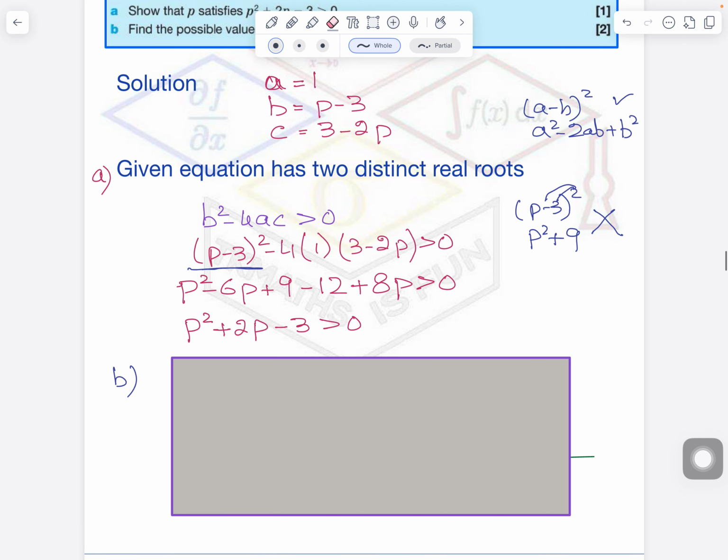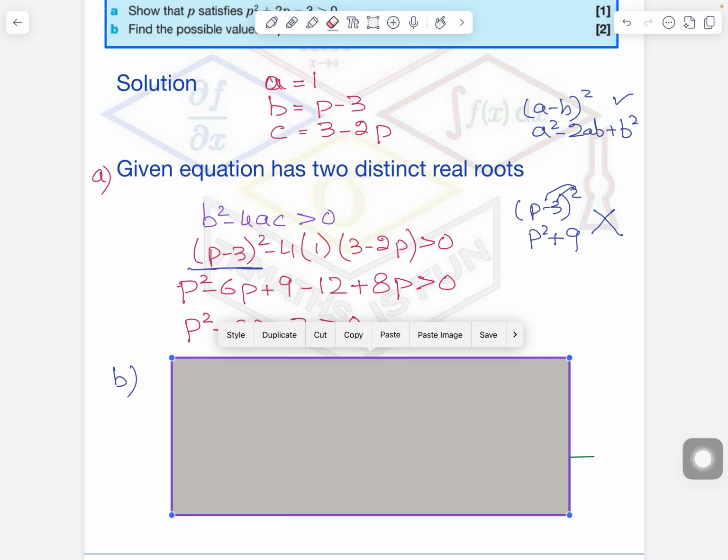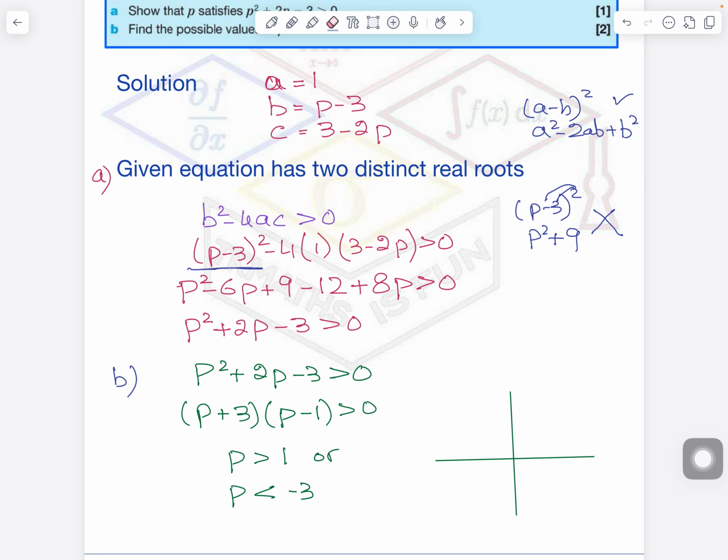Now you have to solve this quadratic inequality. First of all, through the calculator you can get the roots. If you put this in the calculator, it will show you roots minus 3 and 1. These roots will be values of p, because my variable is p in this case.